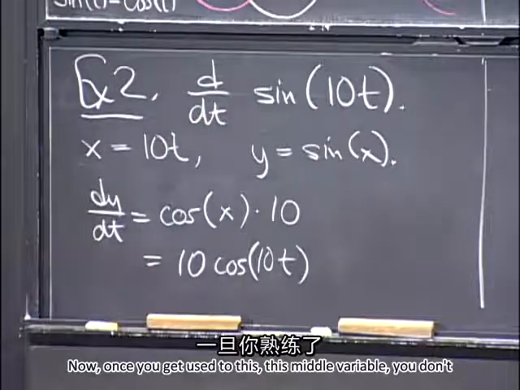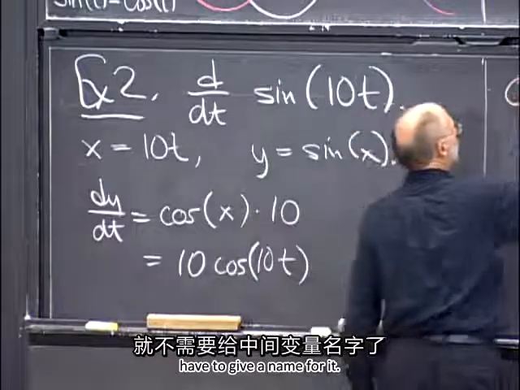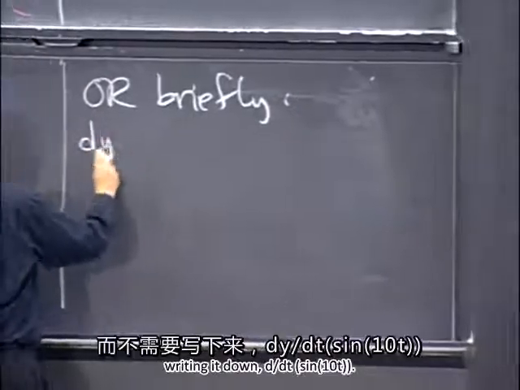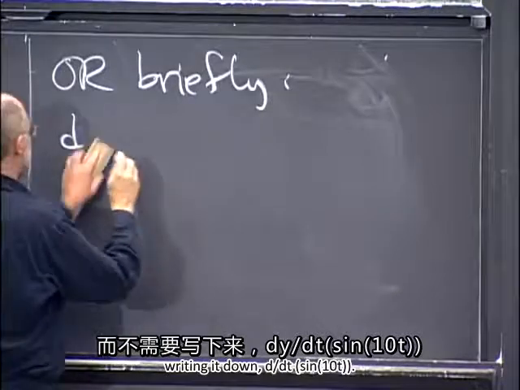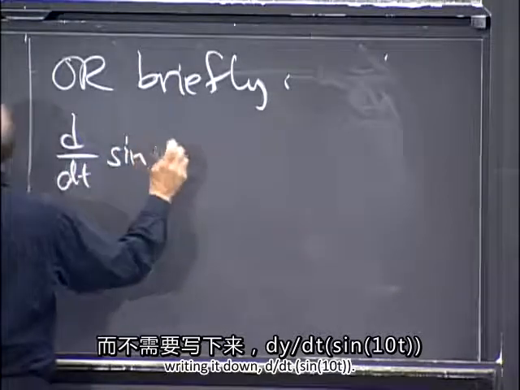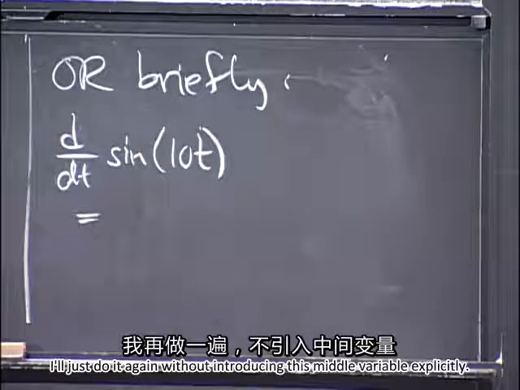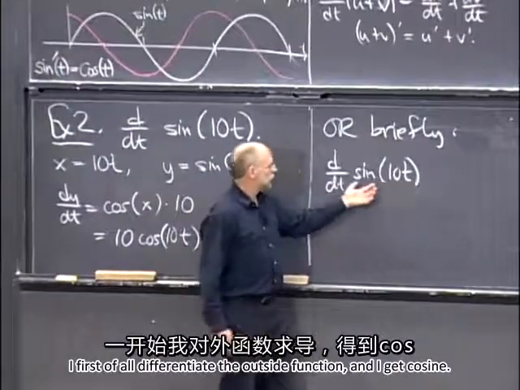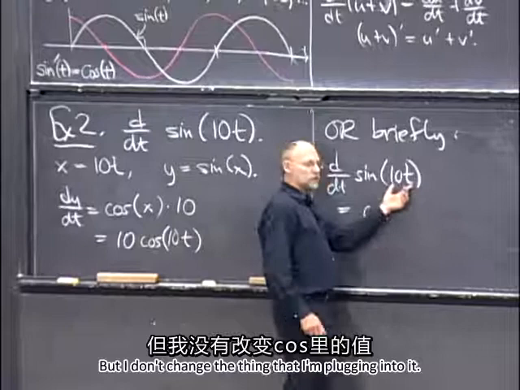Now, once you get used to this middle variable, you don't have to give a name for it. You can just think about it in your mind without actually writing it down. d of sine of 10t, I'll just do it again without introducing this middle variable explicitly. I first of all differentiate the outside function, and I get cosine, but I don't change the thing that I'm plugging into it.